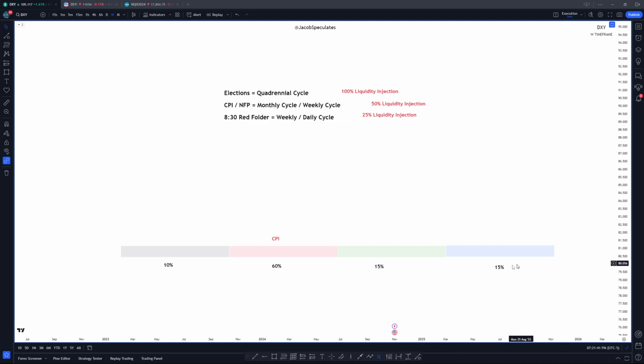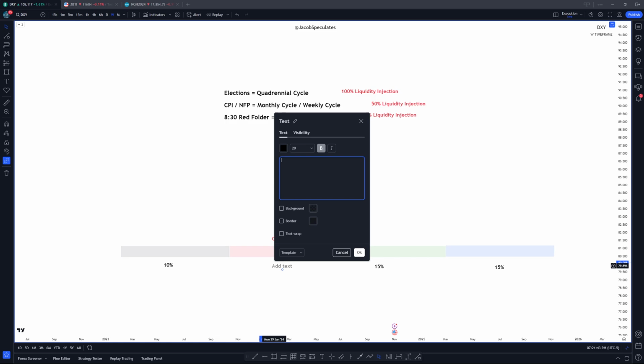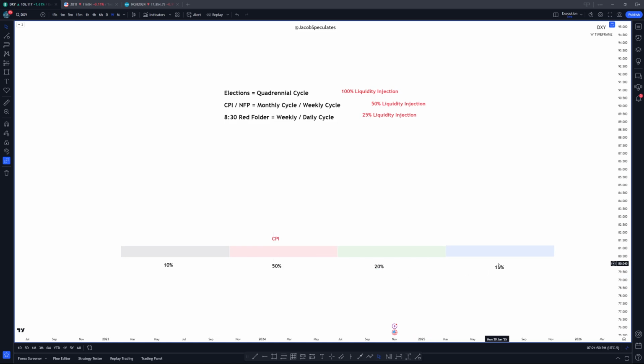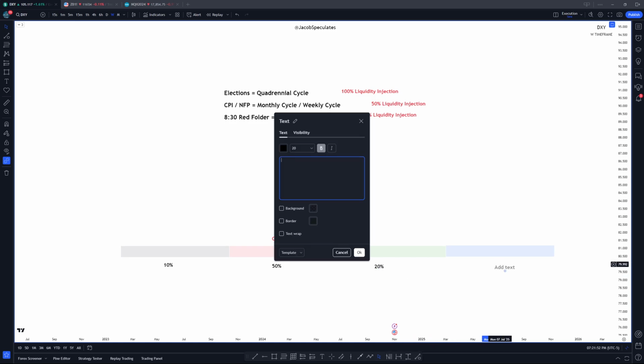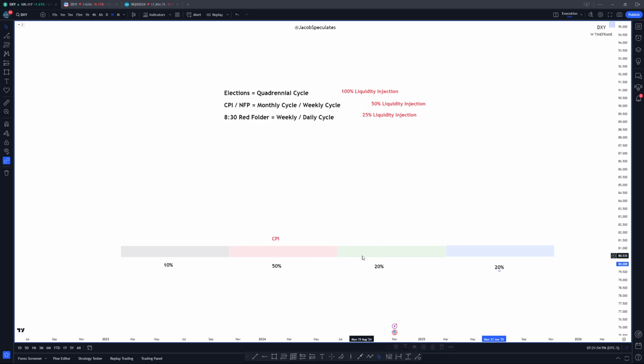Just an example, or you could say 50, and then 20. So 10% of the volatility is going to fall on Monday, 50% of the volatility would fall on CPI day, 20% of the volatility would fall on that Wednesday, and the rest would fall on the Thursday and the Friday.